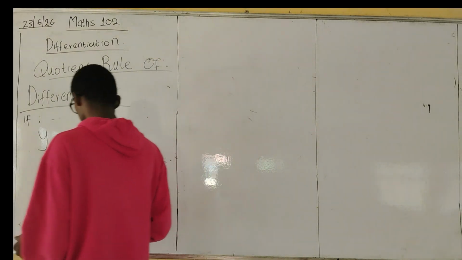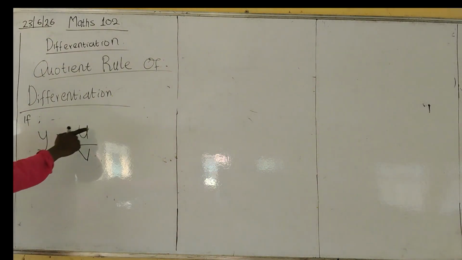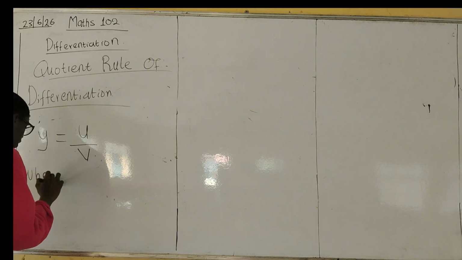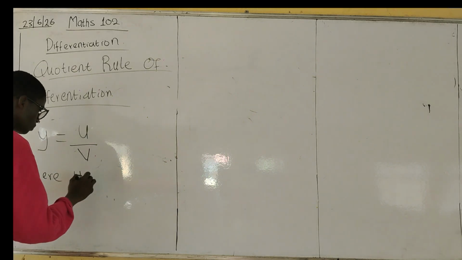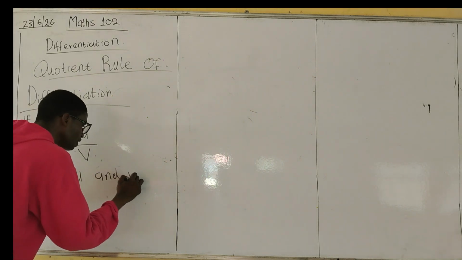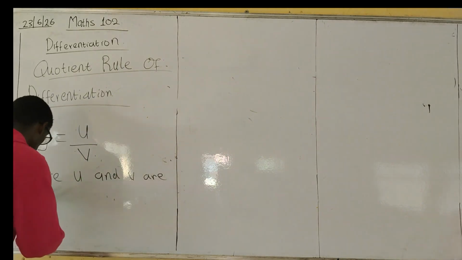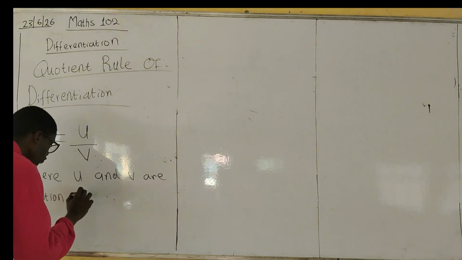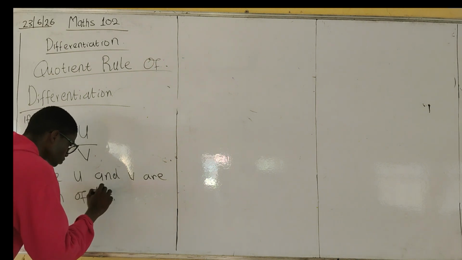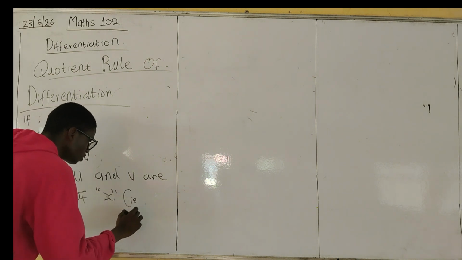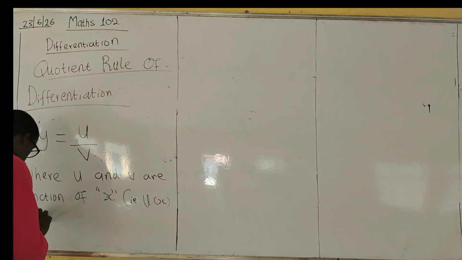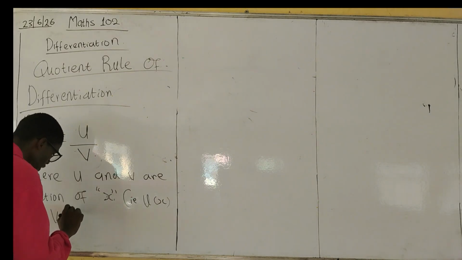So take note that u and v are functions of x. They must always be functions of x, that is u of x and v of x.